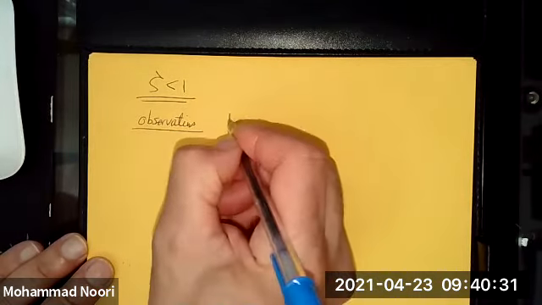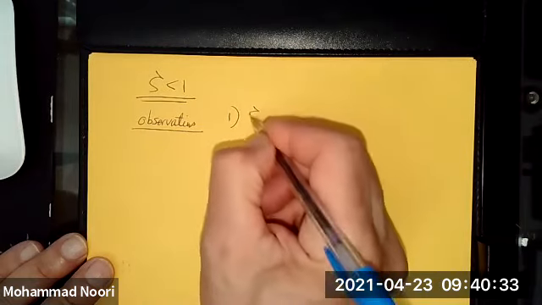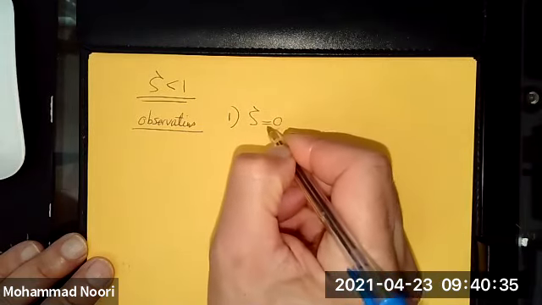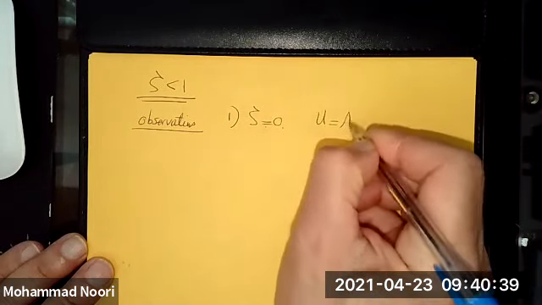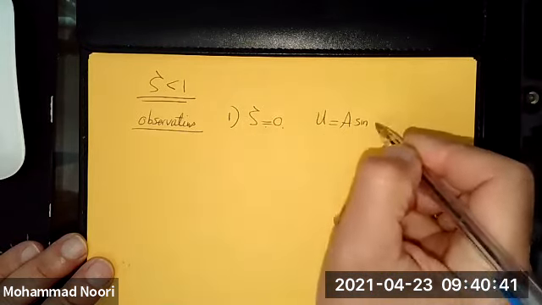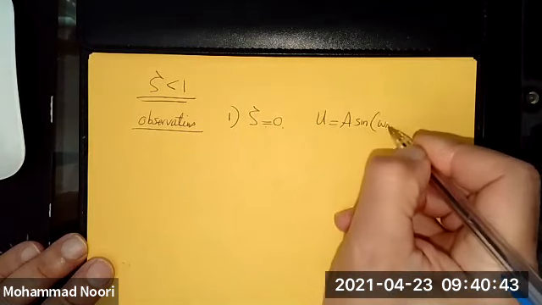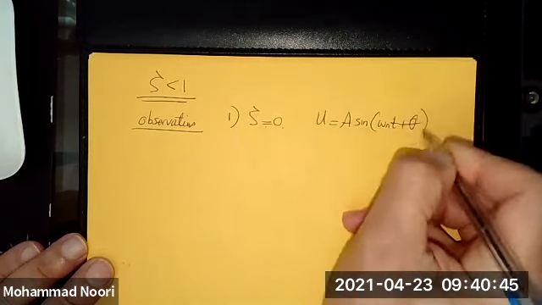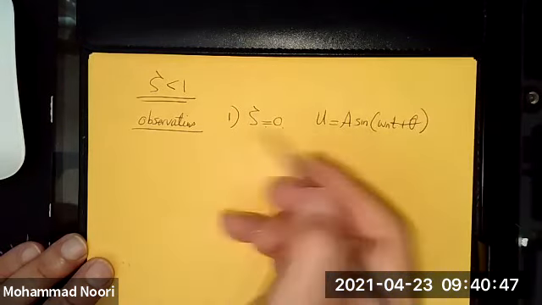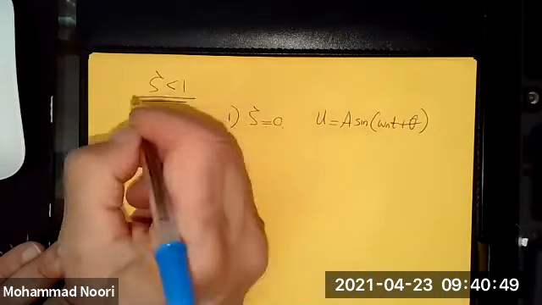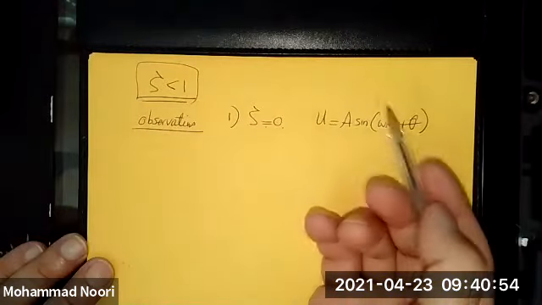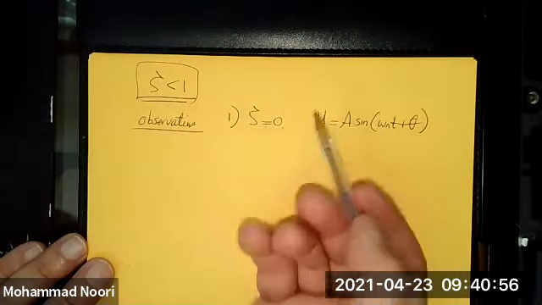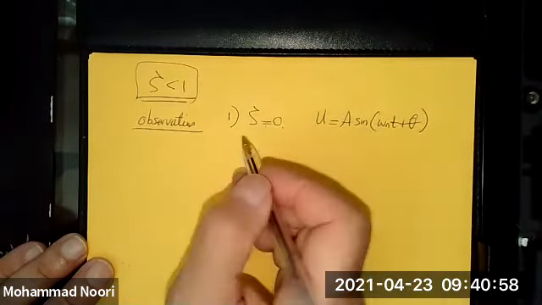Observation number one, which I already discussed, is that if damping is equal to 0, you do get this form for the equation of the response, which is for the undamped system. In other words, this formulation is a general form, and a special case would be this.